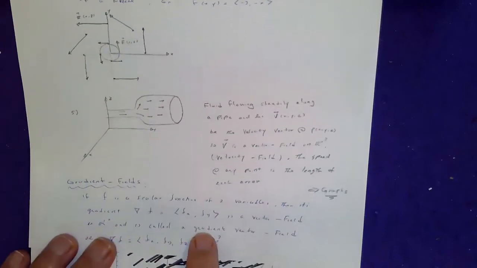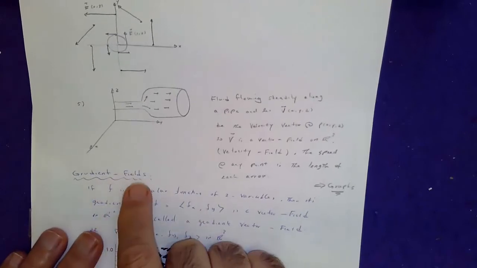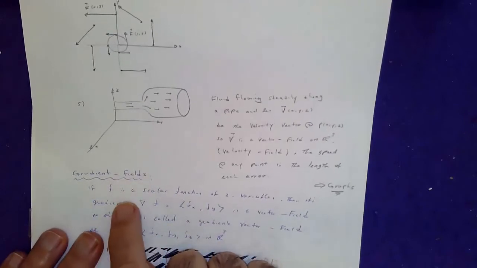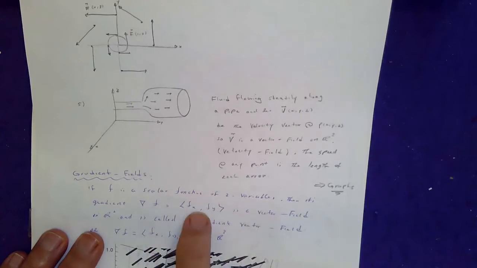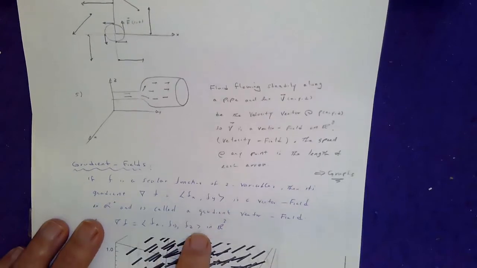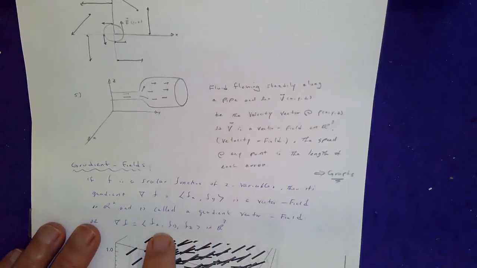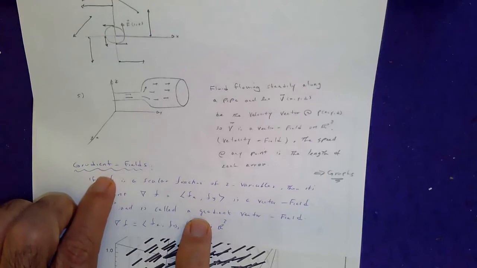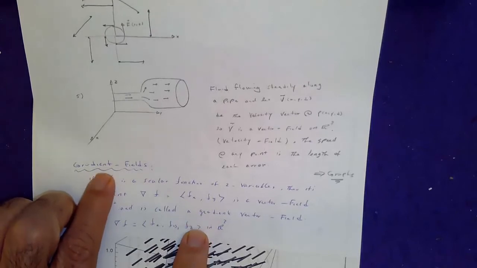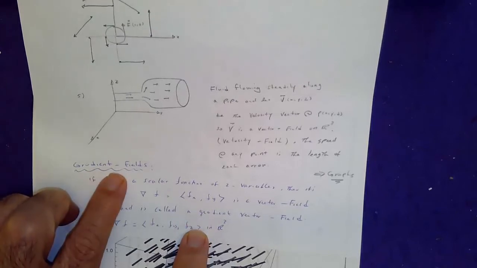One of the special vector fields is called a gradient field. You know what the gradient is. If f is a scalar function in 2D, then the gradient is a vector whose components are partial derivatives. And in R3, it will be the partial derivatives of f with respect to x, y, and z. This is also considered to be a vector field, a special kind called a gradient field.